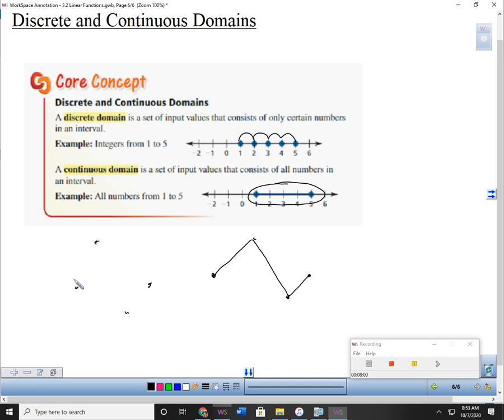I would be hopping from here to here to here to here. So do we see the difference between a discrete domain and a continuous domain? All right, it's probably easier if you identify, okay, this is continuous, oh, this is not continuous, so it's the other one. Continuous is probably the easiest one to think about.